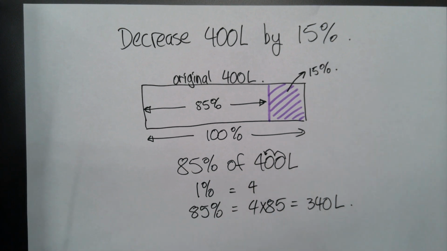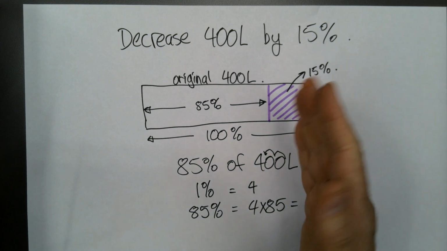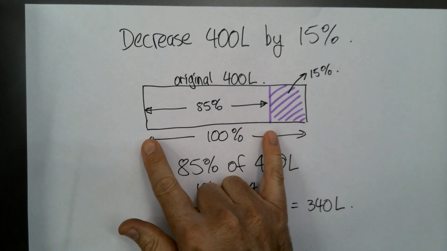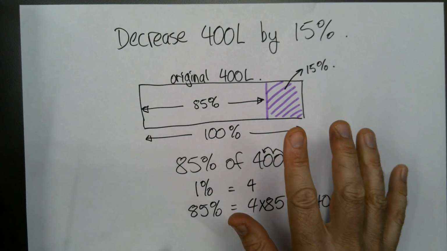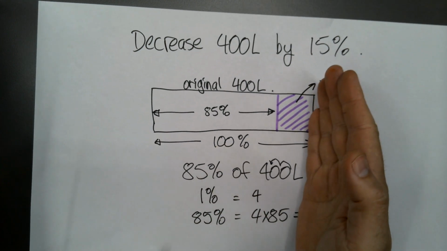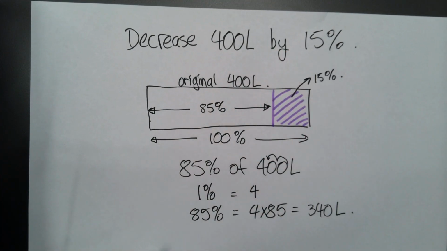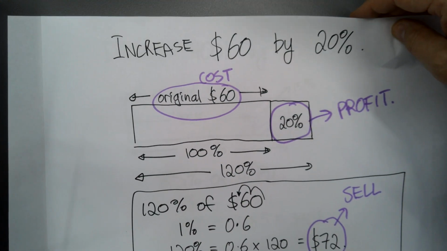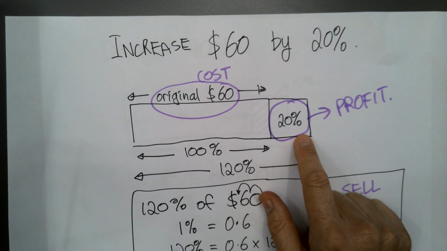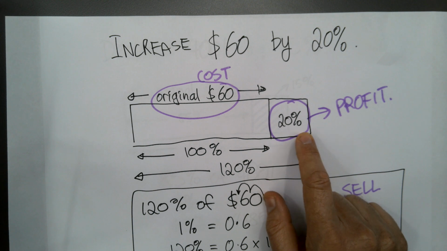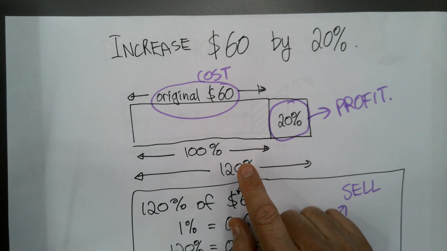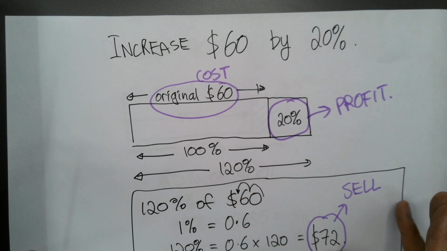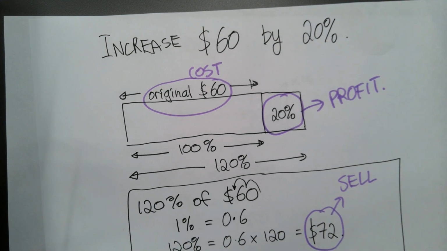Okay, so just to recap, you are changing the percentage, okay? The original amount is 100%, okay? And you're either chopping a percentage off that or you are adding a percentage onto it. So the original amount is 100%, you're either going above 100% or below 100%, depending on whether you're increasing or decreasing.